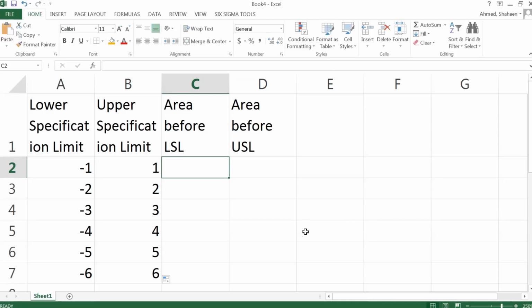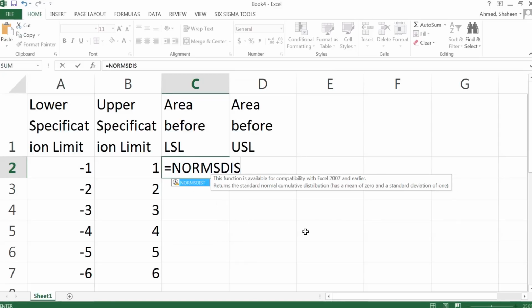In Excel, the function for a standard normal is NORMSDIST. I would like to type this in capital letters because it's easy to see, but this is not case sensitive, so you can type anything.